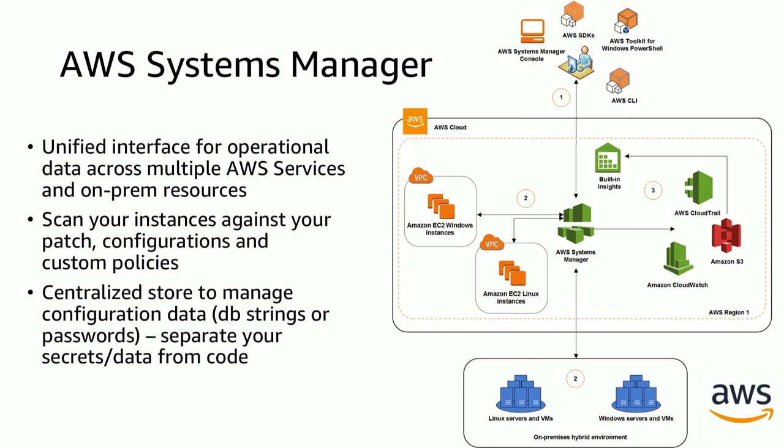In this example, as you can see, you have a couple of different VPCs, which could be for different reasons. One is for Linux instances, probably running your render farm. Another one, EC2 Windows instances, doing something else like checking email or some other process. And then there are the on-premises resources, right?